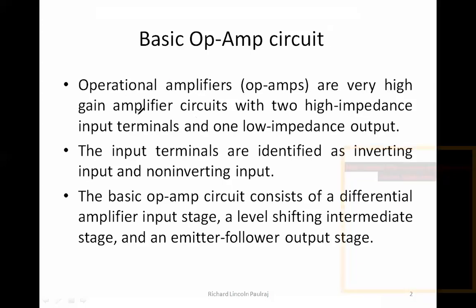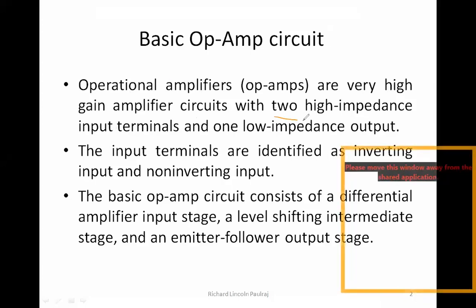Op-amps are very high gain amplifier circuits with two high impedance input terminals. So how many input terminals does it have? Two, and one low impedance output. So what is meant by impedance here? Can you tell me what is impedance?